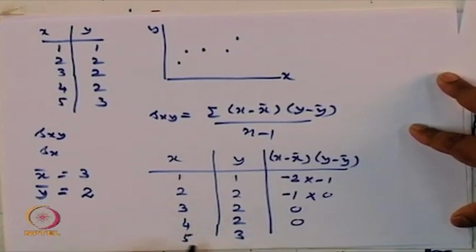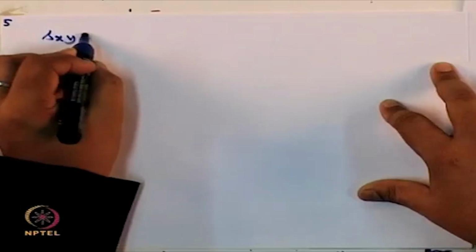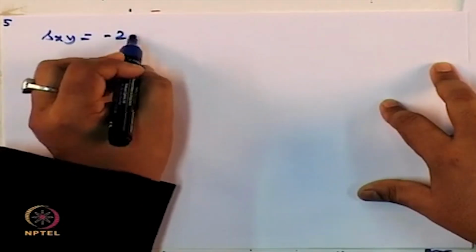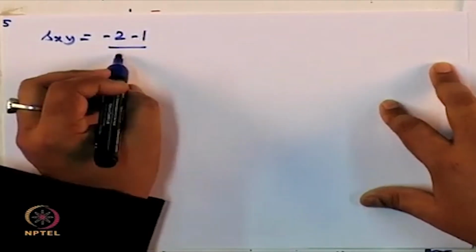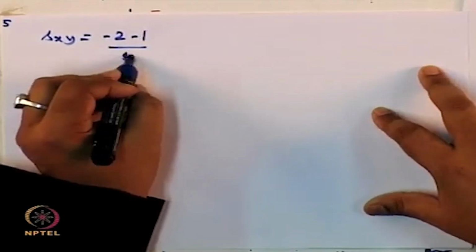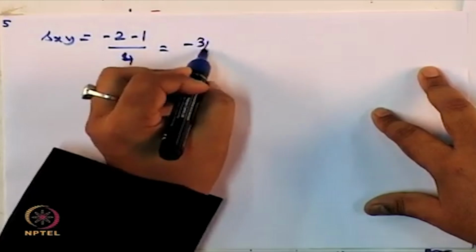In case of 5, you have 2 into y minus y bar, which is 1. So, s x y is going to be minus 2 minus 1, divided by n minus 1, which is 4, equal to minus 3/4.